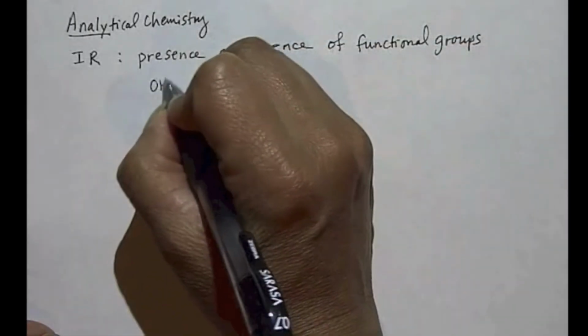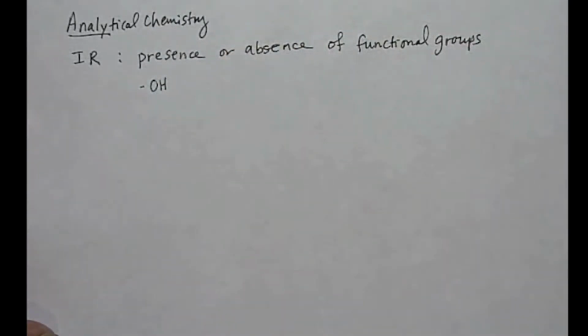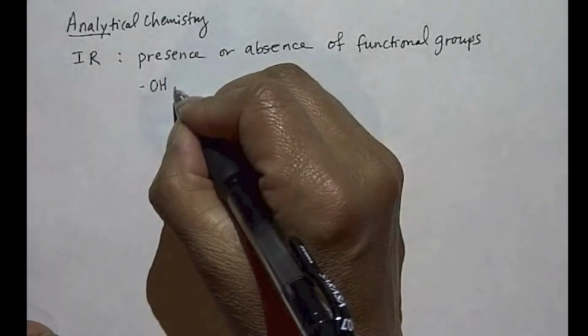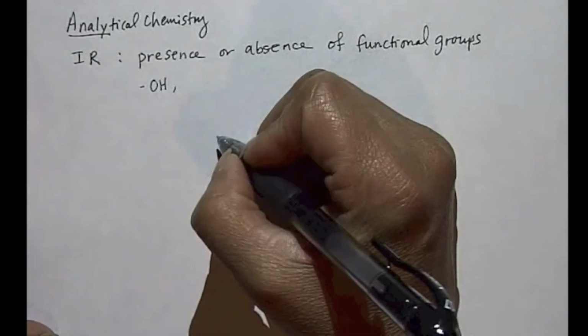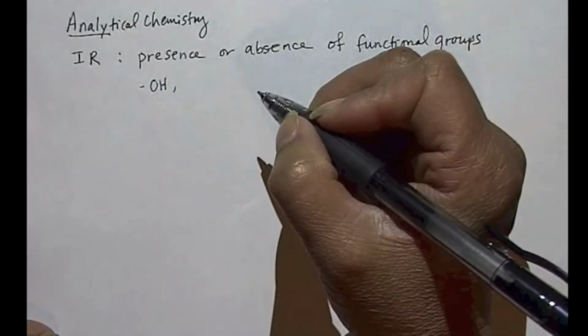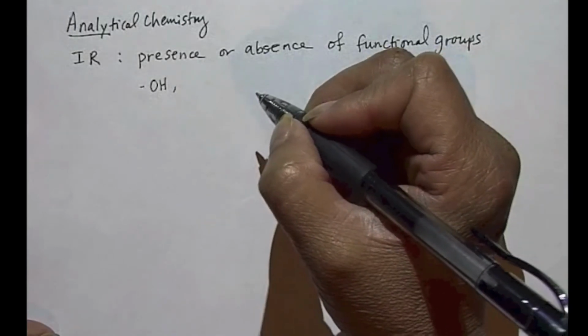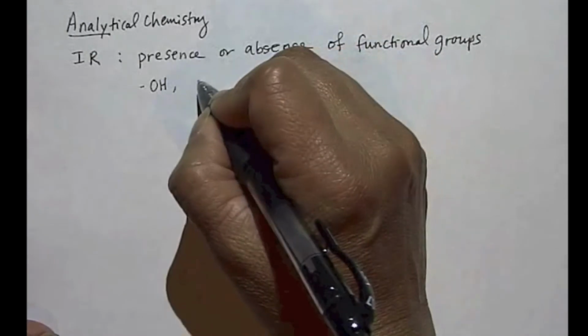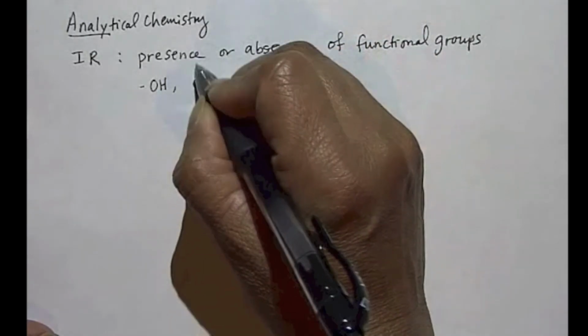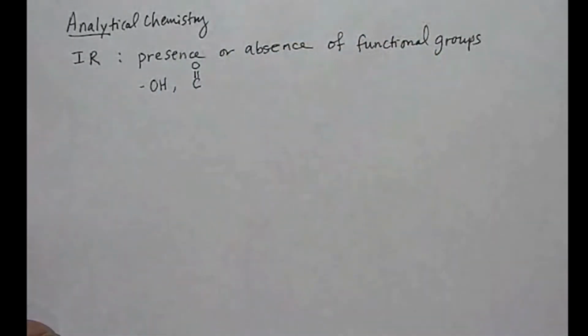So for example, you often were looking for a hydroxy stretch, which could be part of an alcohol functional group, or it could be water that's present in your sample, or it could be carboxylic acid, especially if it's present with a carbonyl stretch.